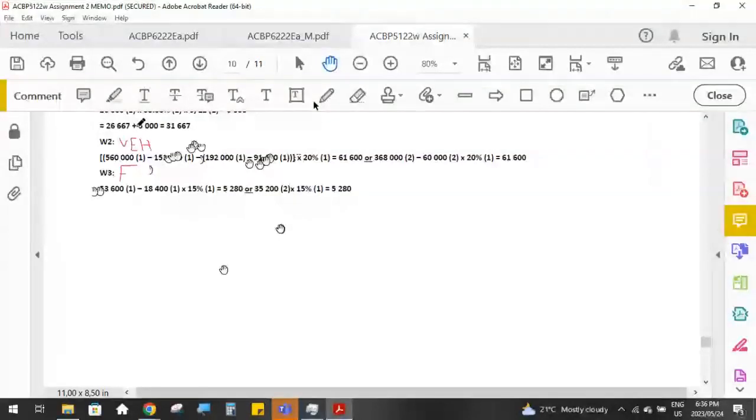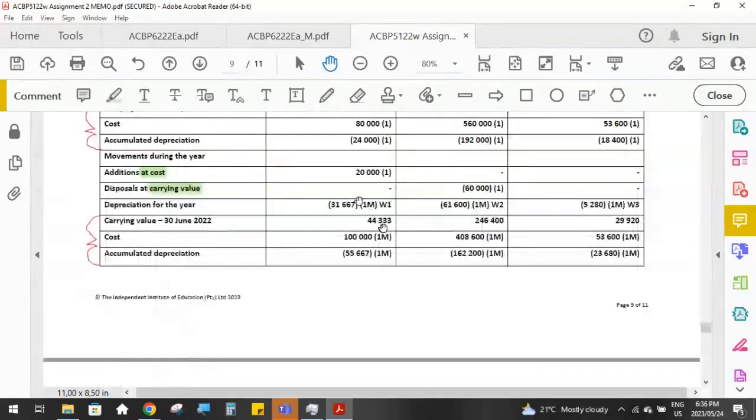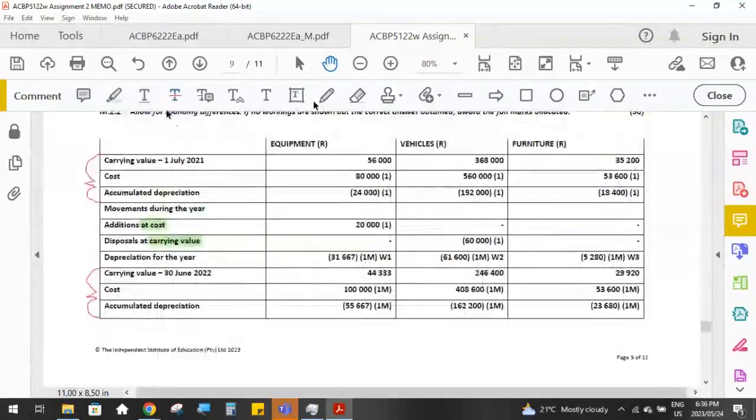So this is then just our opening cost minus our opening depreciation will give us our carrying value of furniture, which was the same carrying value that we had for the entire year, multiplied by 15%, because that's diminishing balance method as well. Okay, and then those are the 3 depreciation amounts we entered into our note for PPE.